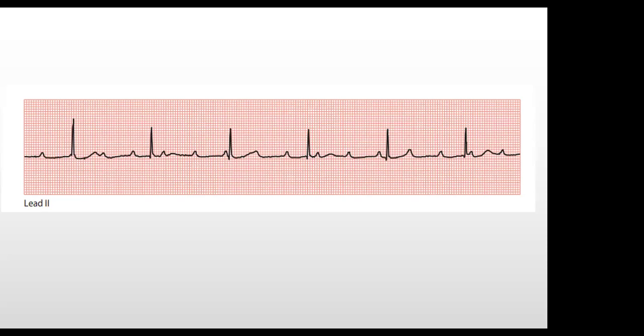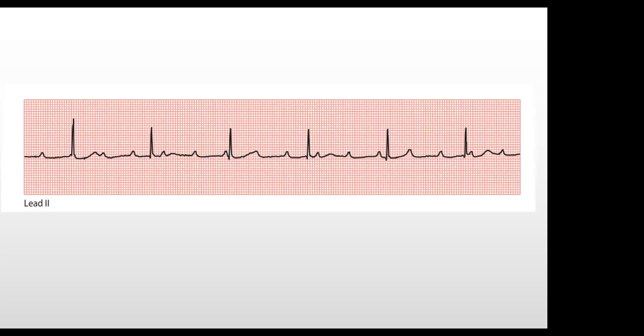Good evening, sir. So this ECG is showing lead II rhythm strip. There is AV dissociation as evidenced by the regular PP interval and regular RR interval, and also the changing PR intervals.